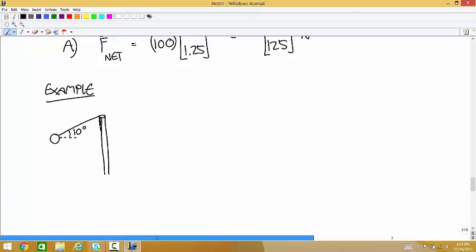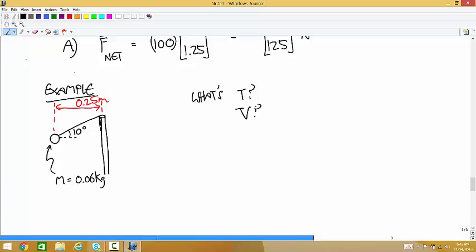And the mass of this thing was 0.06 kilograms. The horizontal distance, which is the radius of the circle, was 0.25 meters. And we wanted to know what's the tension in the cable and the speed.